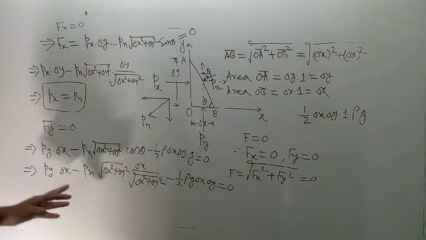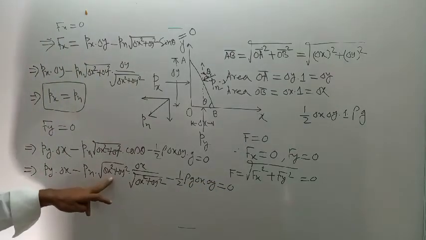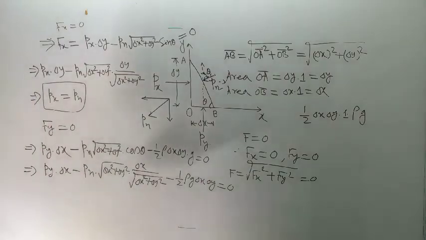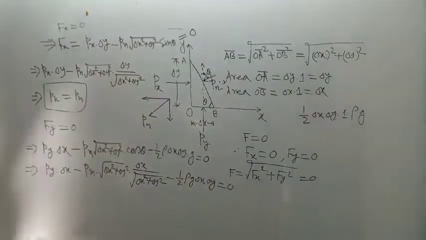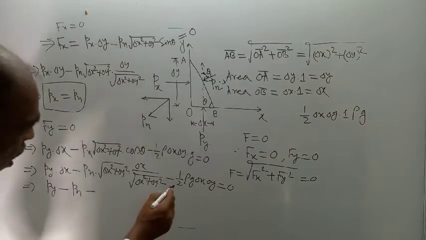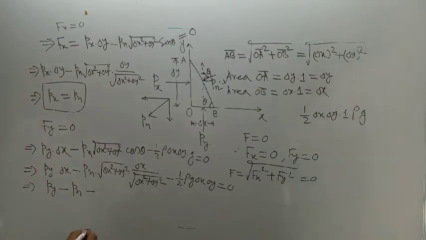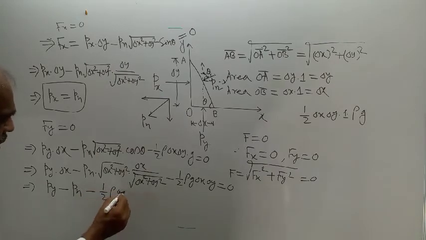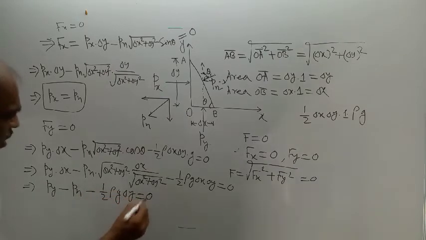Now this hypotenuse and this hypotenuse cancel, and divide both sides by delta x. So after division you are getting Py minus Pn minus half rho g delta y. This thing we have got.